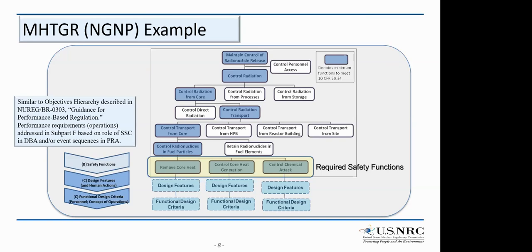So basically, it's the same type of an exercise where you start off on what are the ends that I'm trying to achieve. And so that's the safety criteria. And as you work your way down, you're going to get into more and more detail about the means that you're going to satisfy and meet the ends.